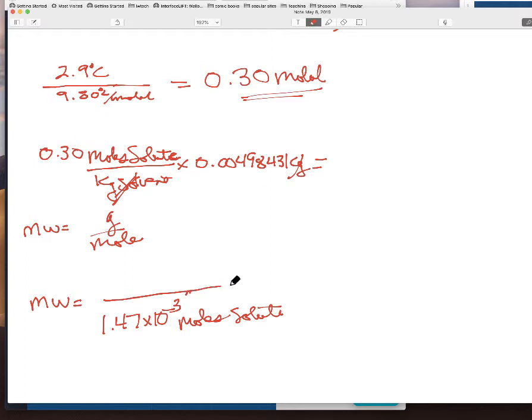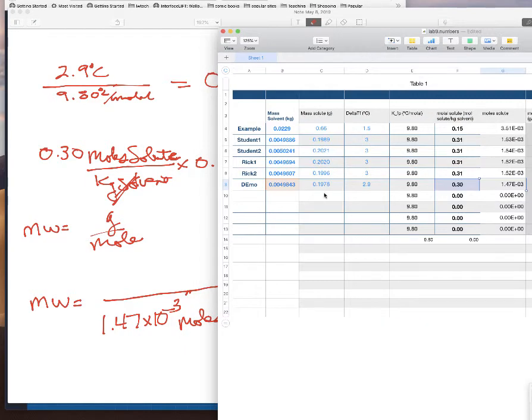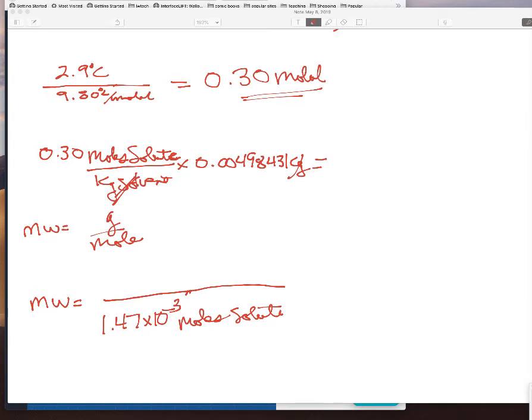The grams of solute was from our lab, and this time it's grams, not kilograms: 0.1978 grams of solute. Since these are both solute, that part cancels, and we get grams per mole, a unit from the periodic table.